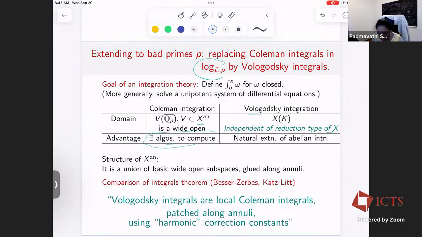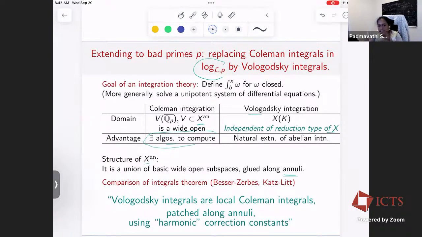The structure of your analytification is that it can be glued together from these basic wide open subspaces, and the overlaps look like rigid analytic annuli. And when you restrict your Vologodsky integral to these subdomains, it is given by a Coleman integral.